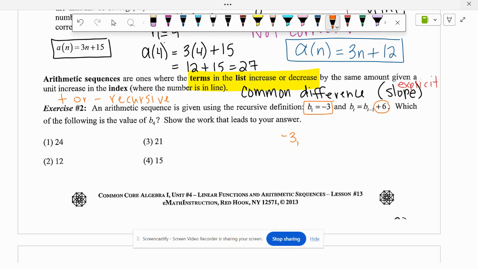What does it say that I'm going to do to find my next term in my sequence? I'm going to add 6. So if I add 6 to -3, what do I get? 3. If I add 6 to that, what do I get? If I add 6 more to that, what do I get?